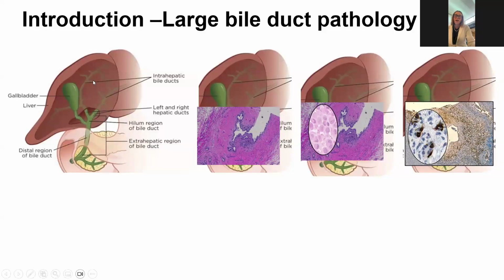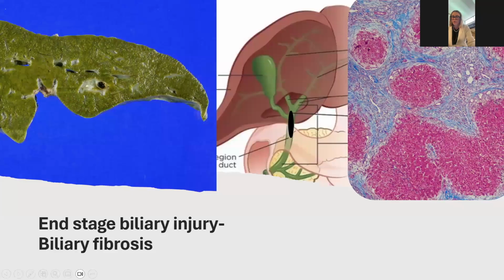And the reason that we often don't see the CD1a and Langerin in those distal bile ducts is that it is much more centric on the larger bile ducts in the hilum, so extrahepatic and the larger intrahepatic bile ducts. And what happens is there is inflammation, and the LCH involves those larger ducts, with over time having more injury to those.